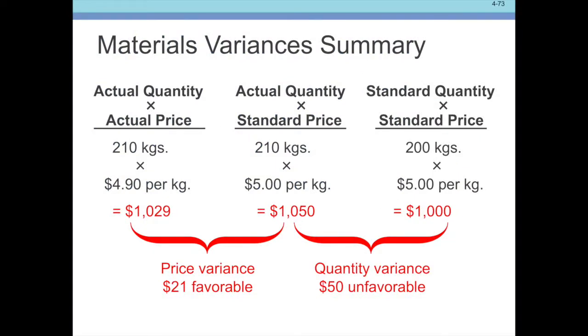So 200 kilograms times $5 is $1,000. So the quantity of material we should have used was $1,000 worth of material. And what did we use? We used 10 kilograms more than that. We should have used 200 kilograms. We actually used 210.